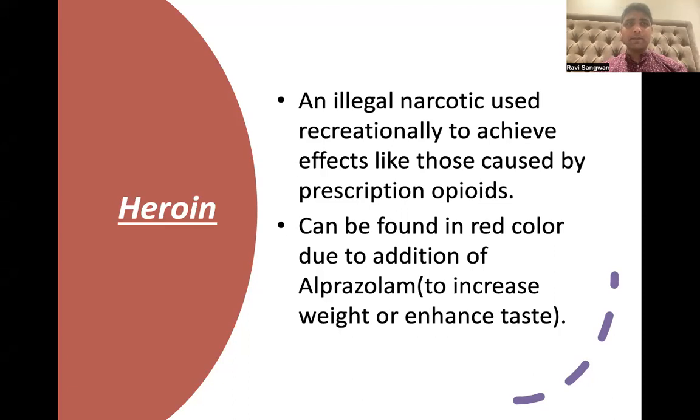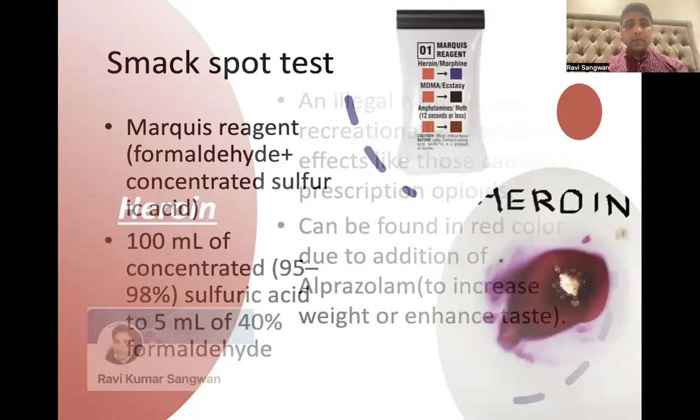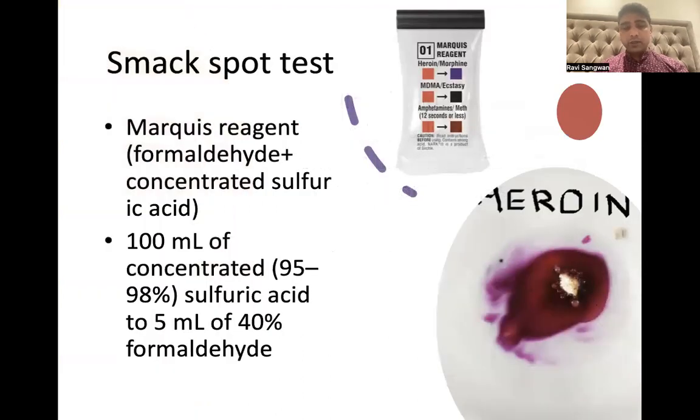If you'd like to know, mostly drug cartels use alprazolam to increase its weight and also enhance its taste. And this is the Marquis spot test. We are using Marquis reagent, and if you see this pinkish, more reddish, more violet color, it means it contains smack.